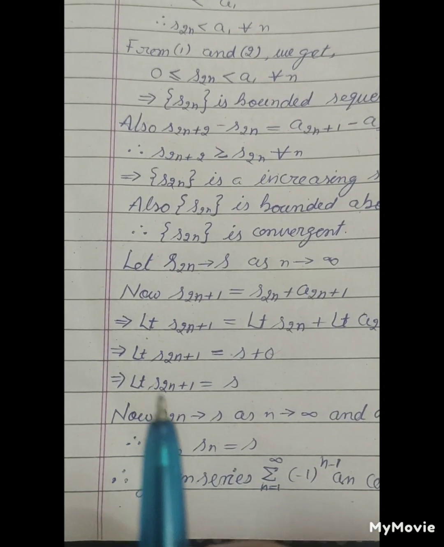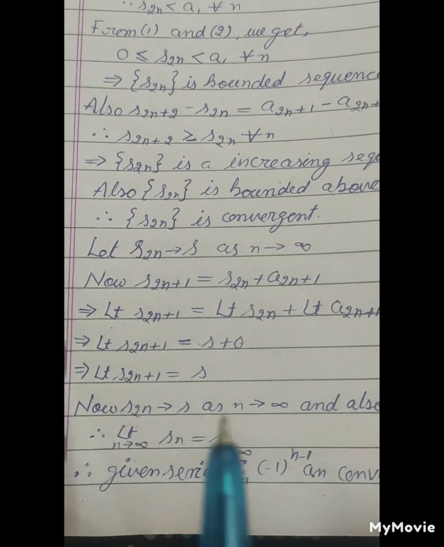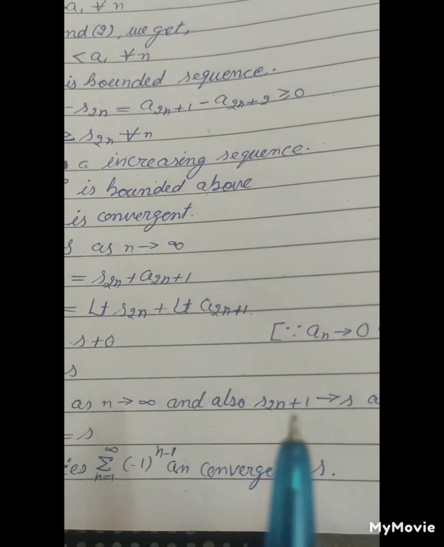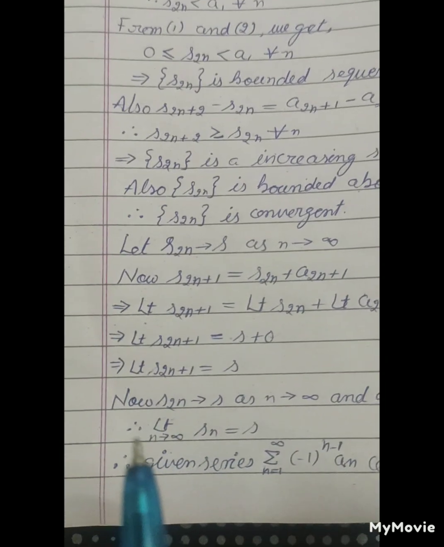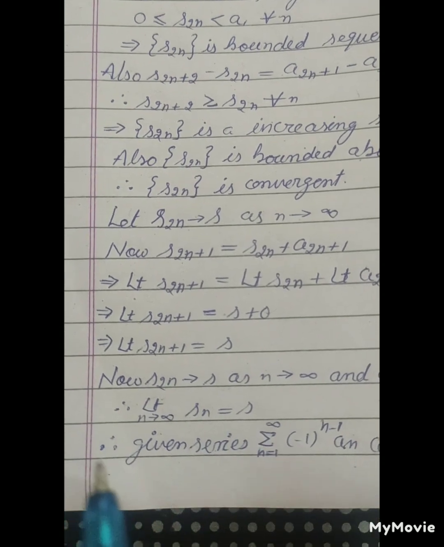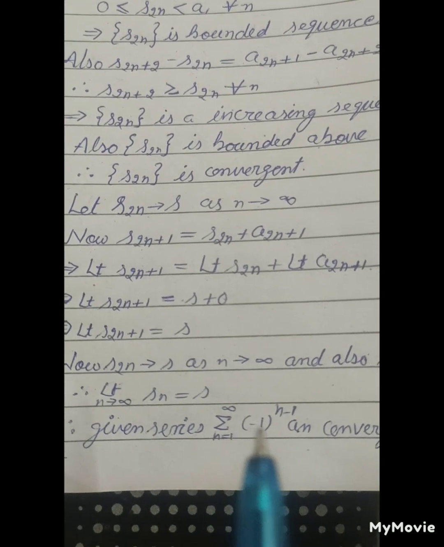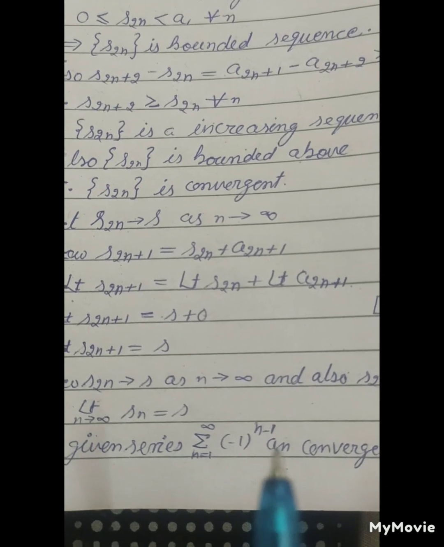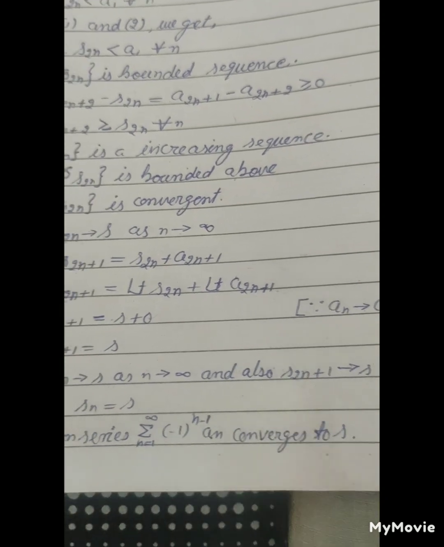Which implies limit S_(2n+1) equals S. Now S_2n tends to S as n tends to infinity, and also S_(2n+1) tends to S as n tends to infinity. So limit of S_n as n tends to infinity is S. So the given series, sigma n varying from 1 to infinity of (-1)^(n-1) a_n, converges to S.